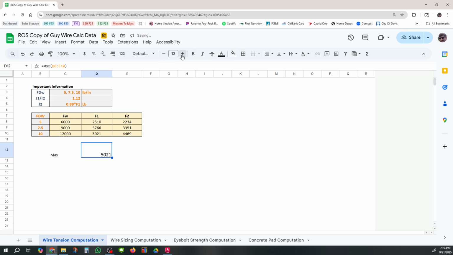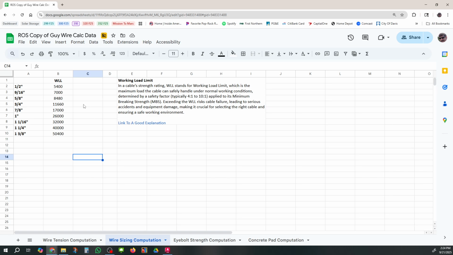I don't have to try things out. That's my maximum, because I found the maximum of all of those. So now when I'm looking at that, I know to look in this box for my sizing, because that's my largest force. So let's look at the wires.